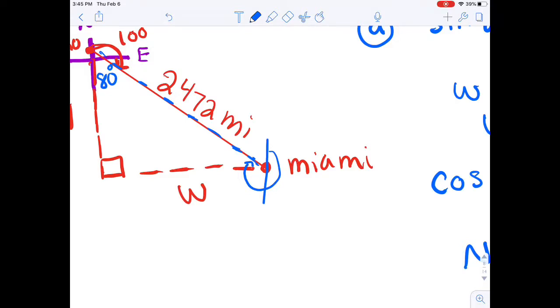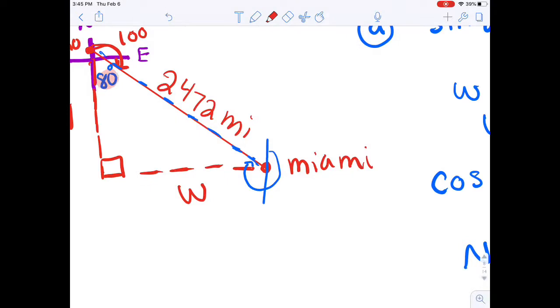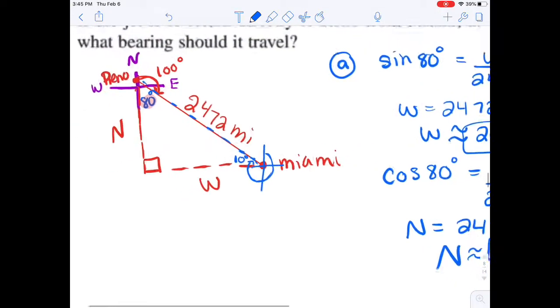Well, if you look at your triangle, you know that this angle is 80 degrees and it's a right triangle, so my missing angle here would be 10 degrees. So if I look, this is 90. From here to here would be 180, 270, and then an additional 10 degrees.